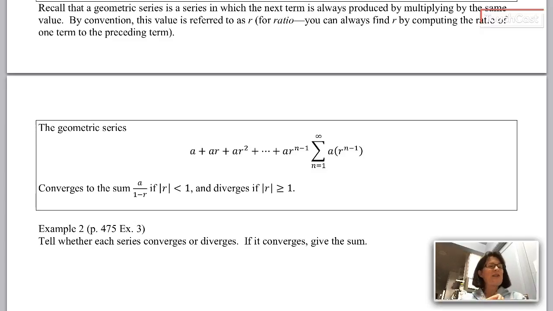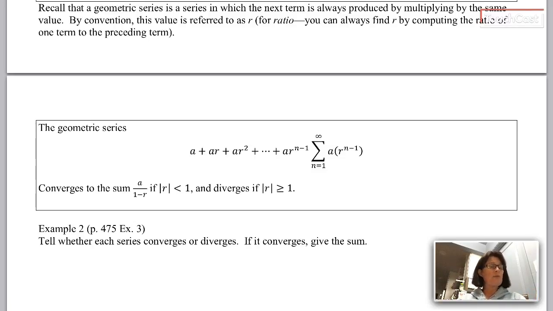And you can always find R by finding the ratio of one term to the term in front of it. So divide the second term by the first term, that will give you R. Okay, and then a series is just a sum of a sequence. So a geometric series is just a summing of all of the terms in a geometric sequence.